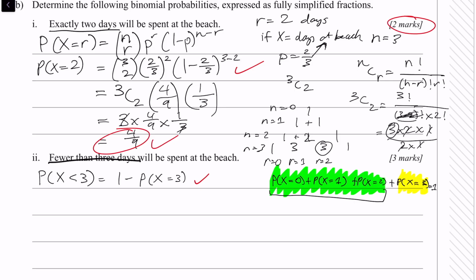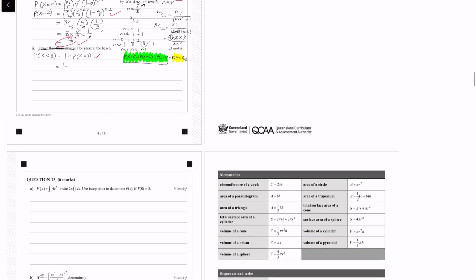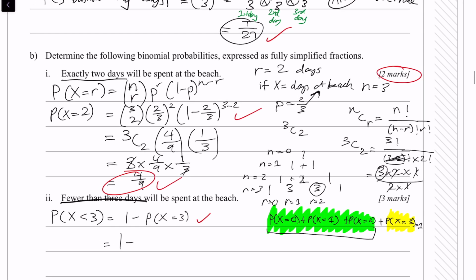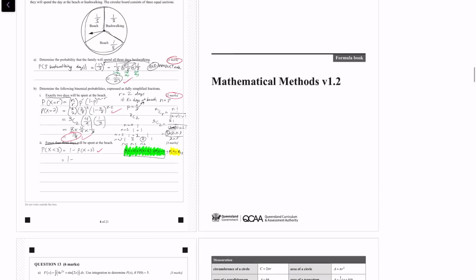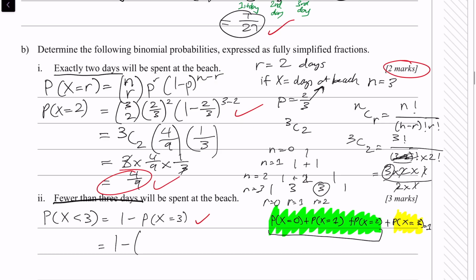Okay, and then in that case we have 1 minus, and again we're going to use that formula, which is in the formula sheet again, but from the previous part we have combination of n to r, p to the power of r, and 1 minus p to the power of n minus r. So we know that the n value is 3 and our r value is 3 again.